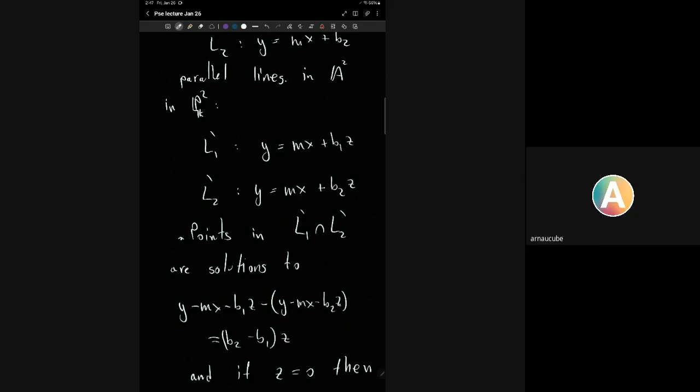Arnaud, you have a question? No, it was just about what Carlos was mentioning. I don't know if that's correct, but intuitively, I imagine in the real world, you can see the two parallel lines of a train line, for example, and if you squeeze your eyes, you can see how they meet at the horizon line, kind of.